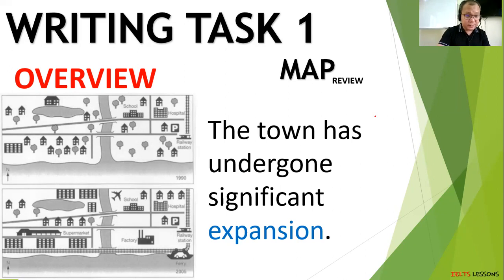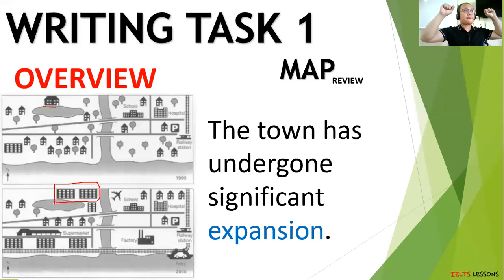So why has it undergone significant expansion? As you can see here, from a small residential area, this is a small house, and then it has expanded. By the way, guys, when you write an overview, it must be general.